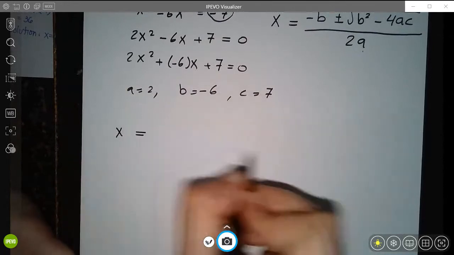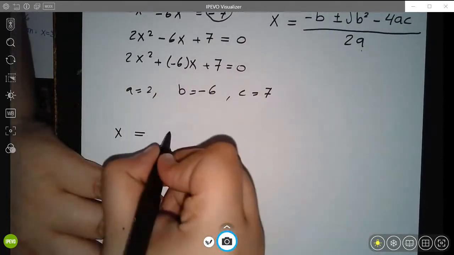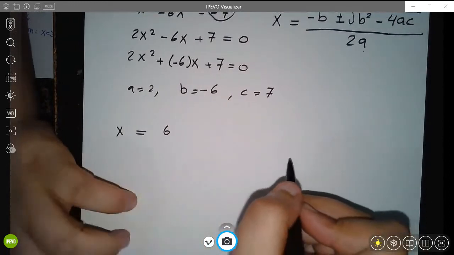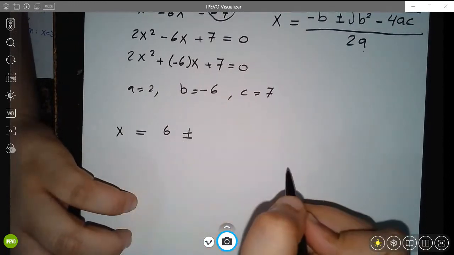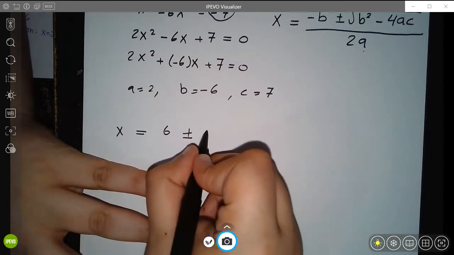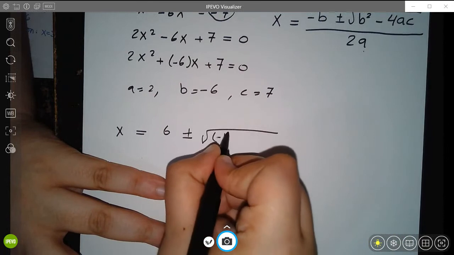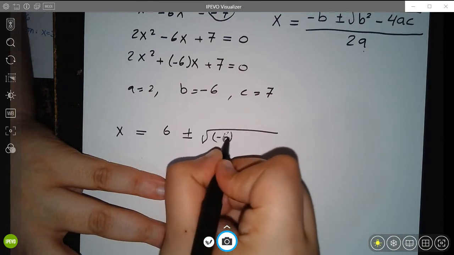So x equals, first off, negative b, so 6, plus or minus the square root of b, which is negative 6. I wrote b instead.